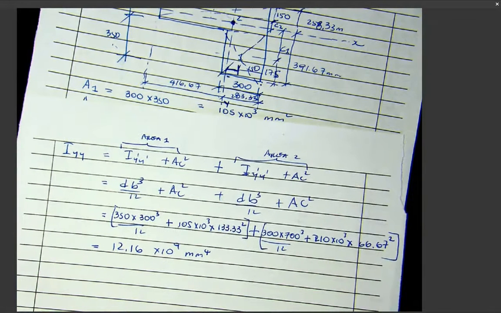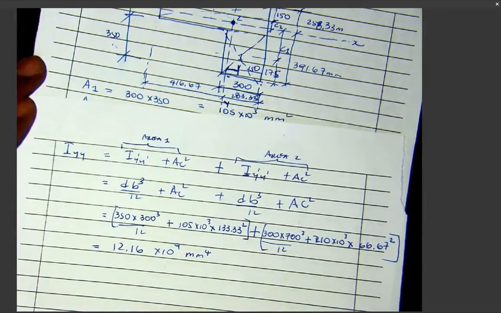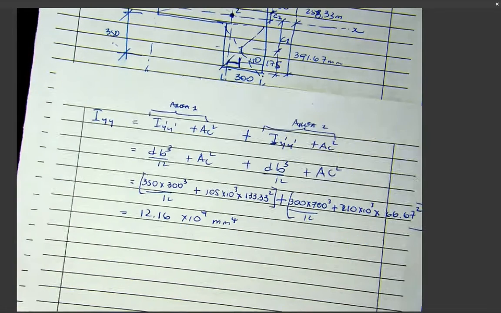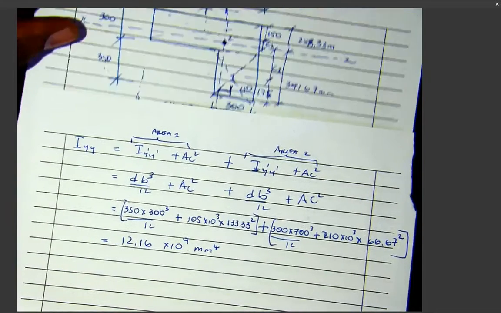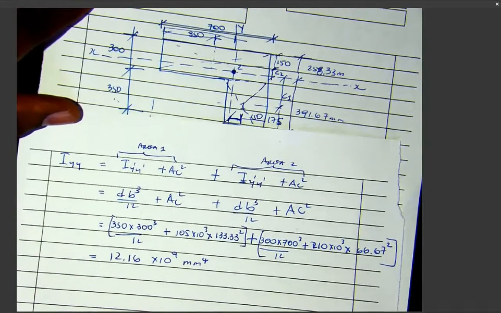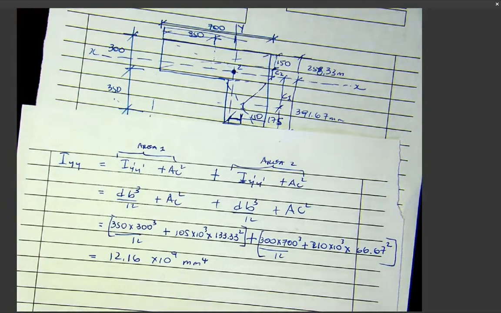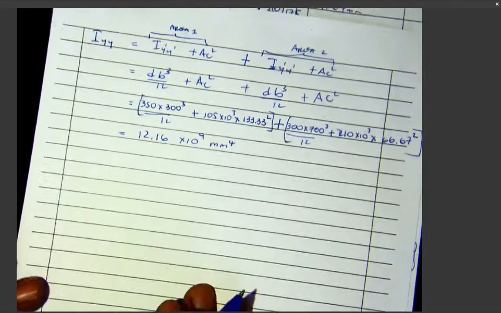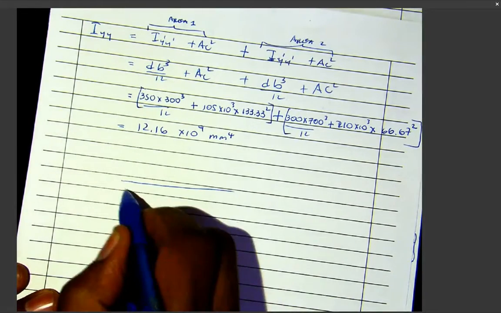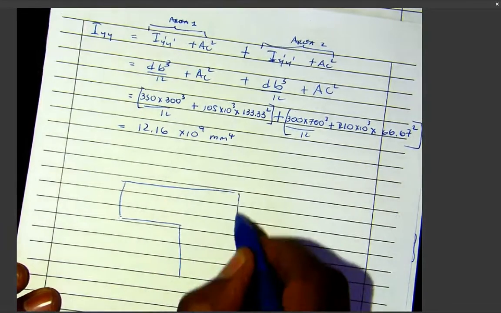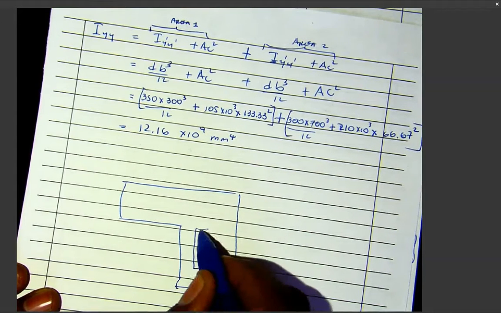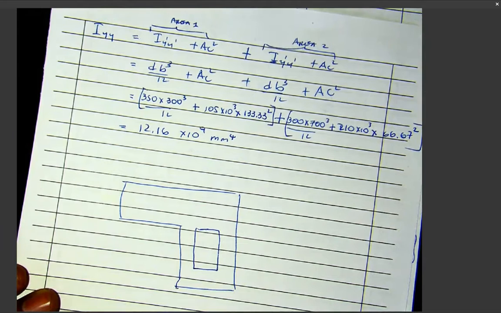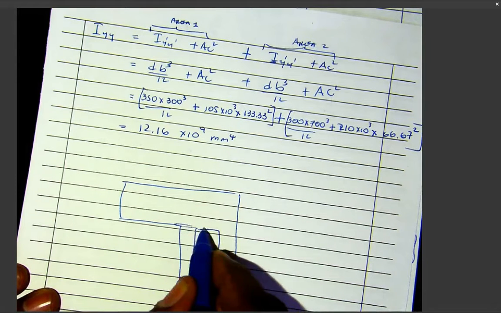So guys, that's how you're going to calculate the second moment of area for any section. Remember, the only difference you're going to get is that some sections will have an opening. For example, if I have this very same problem and tell you that there's an opening here, you will divide it the normal way.